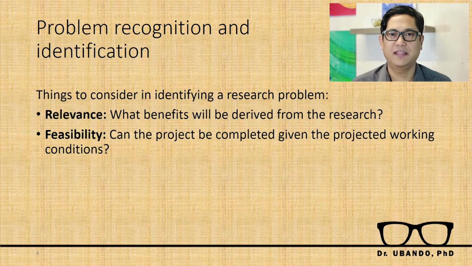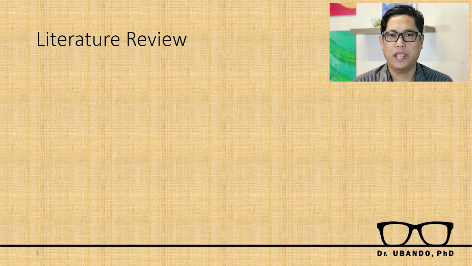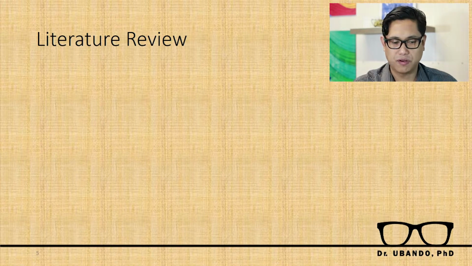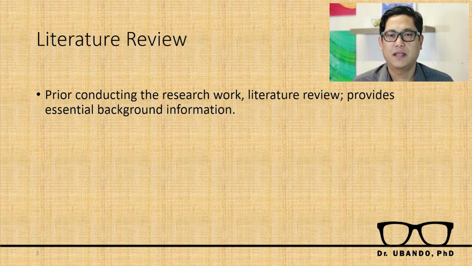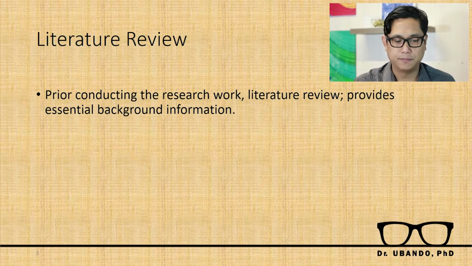Once we already have identified the problem, we now are ready to do a comprehensive literature review. In doing a literature review prior to conducting the research work, the literature review provides essential background information. So this is where we would gather some information about a specific topic or about our problem statement.